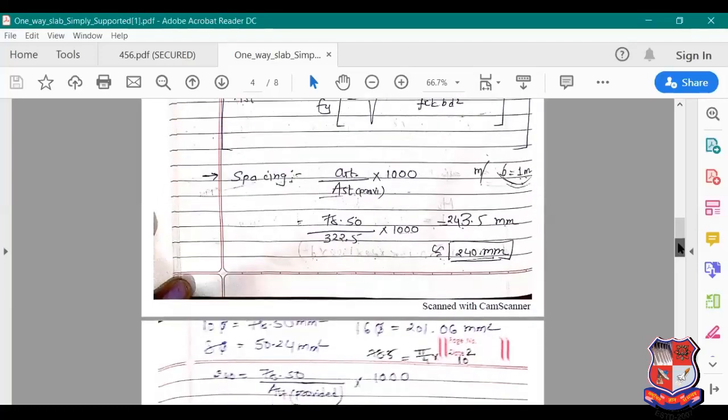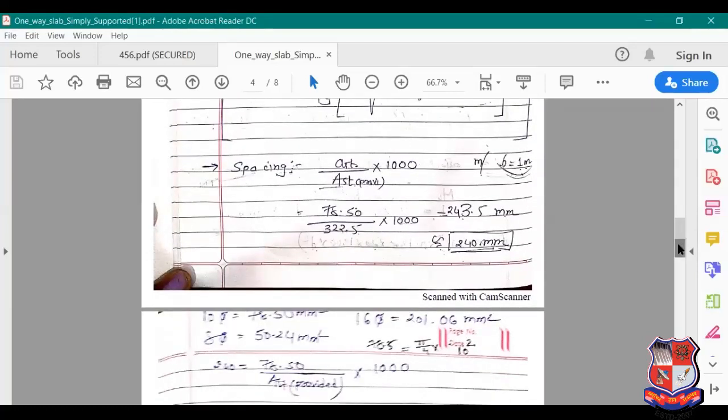Now the spacing. In slabs, we are not talking about number of bars like in a beam. We are talking about the spacing, how much spacing between two bars. Spacing is generally important for deflection.